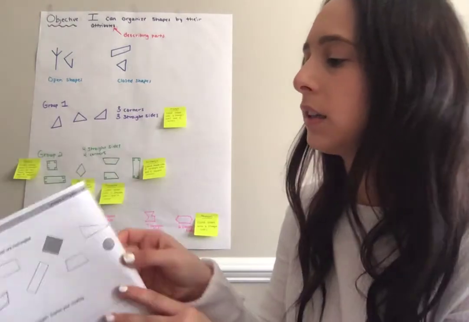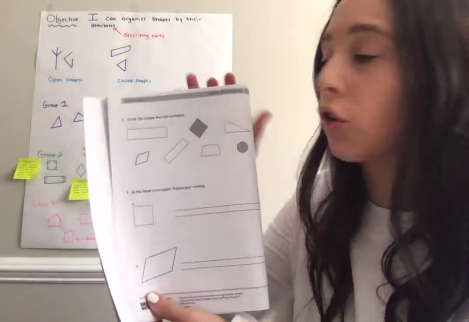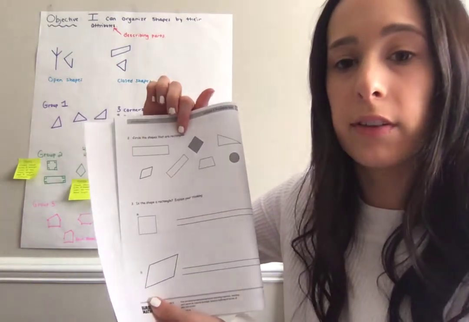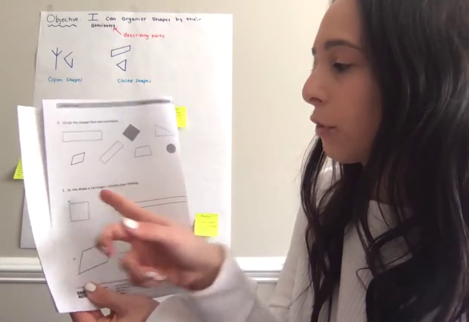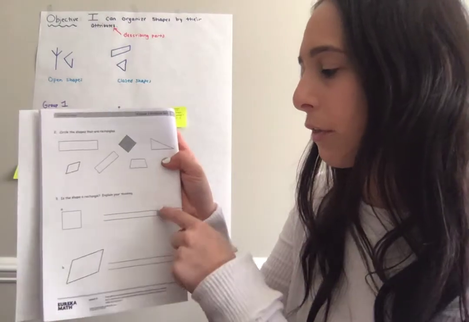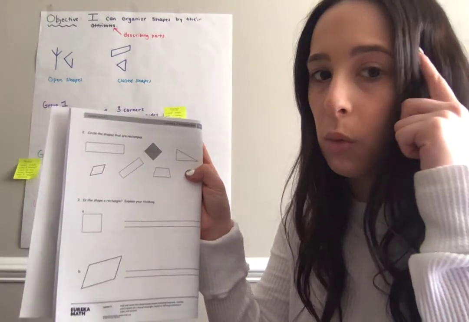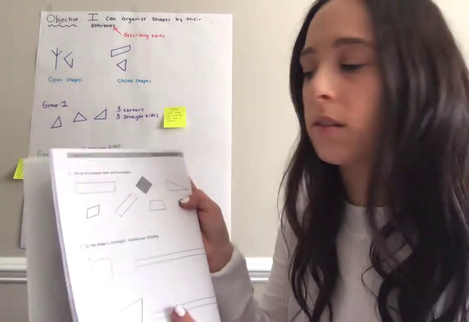On the back, your second page, you're going to circle the shapes that are rectangles. So you're going to put a circle around the rectangles in that group. And then number 3 is the shape a rectangle. And you're going to explain your thinking for both. Are they rectangles? Think about what a rectangle is.